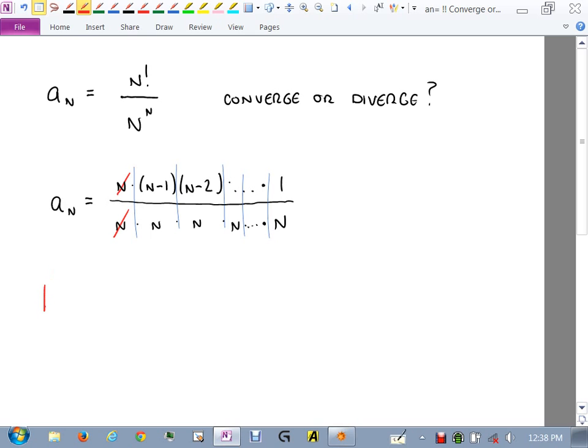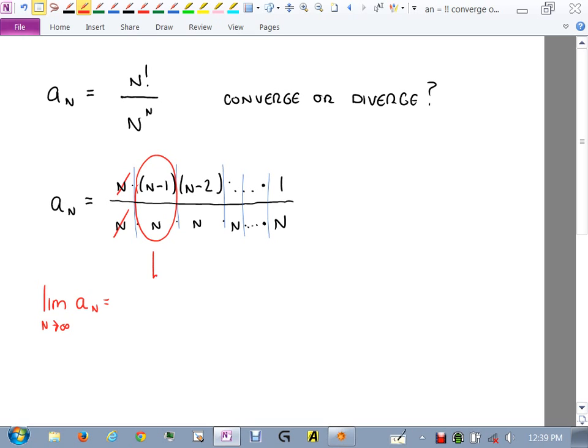Take right now a limit as n goes to infinity of this. What would this go to right here? Infinity over infinity. But you could use L'Hopital on that, couldn't you? That's going to go to 1, isn't it?